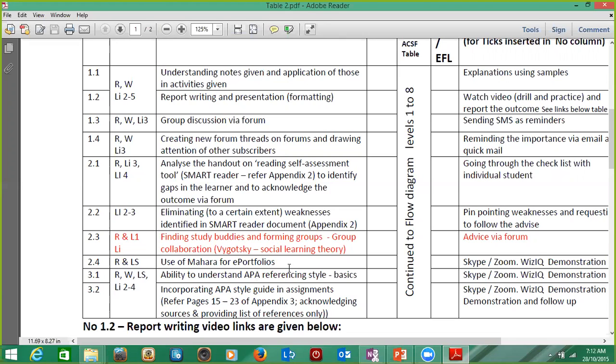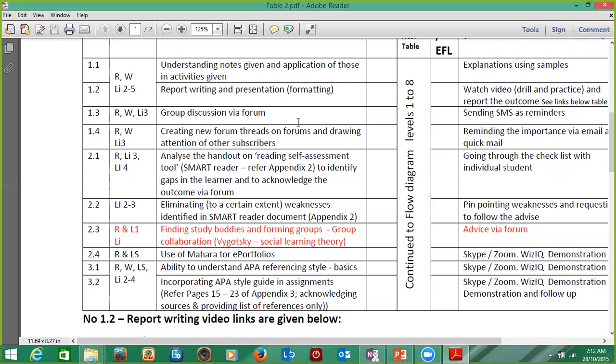So we use APA referencing 6th edition, which they can easily use in Microsoft Word, which has APA 6th edition. So that's not a hard area, but that has become a critical skill. And I have had a lot of students who did not know how to refer. The issue is, we have these instructions given in a student study skills handout, but for some odd reason it seems it's skipped.